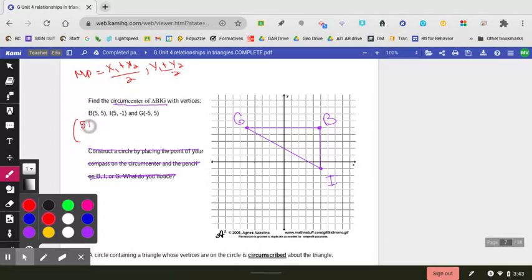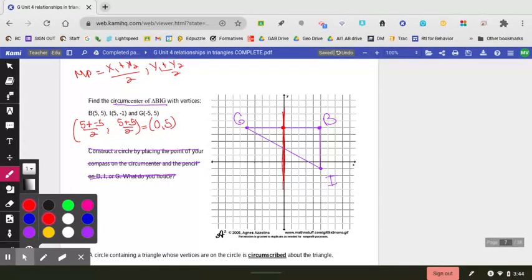So I'm going to do 5 plus negative 5 over 2 and 5 plus 5 over 2, which gives me the point 0, 5. So my perpendicular bisector of BG is actually my y-axis. It's that red line there that I made.